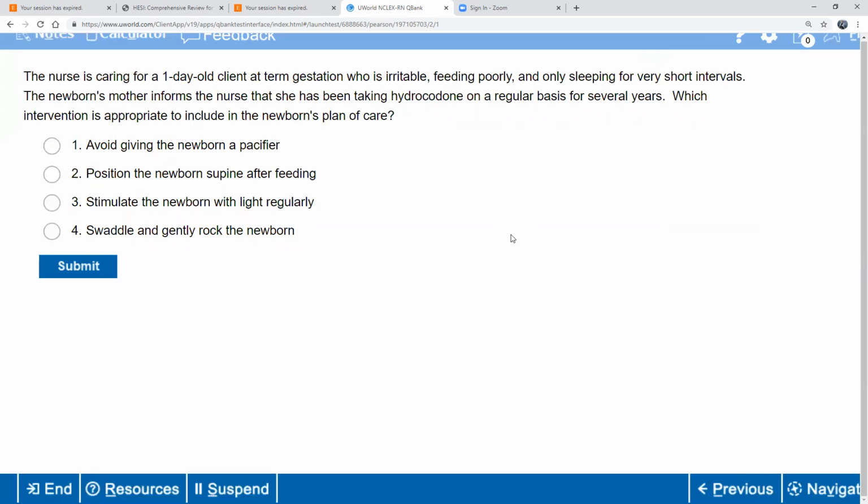So what's going on with the baby? The baby is irritable, not eating properly, and doesn't sleep for more than a short period of time. So what's going on with the baby?